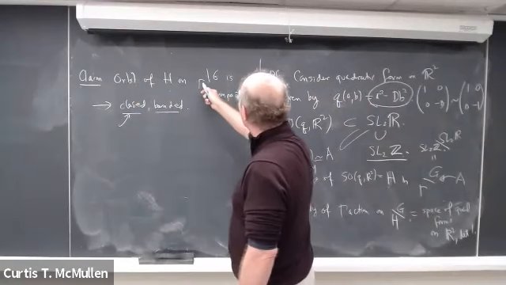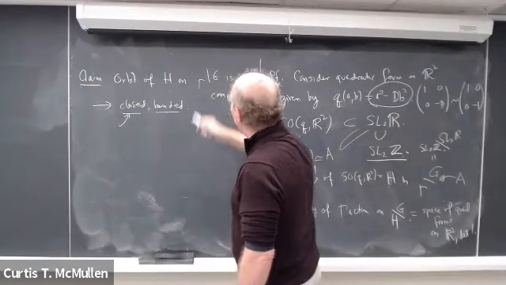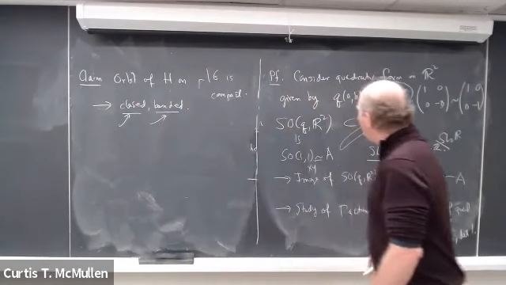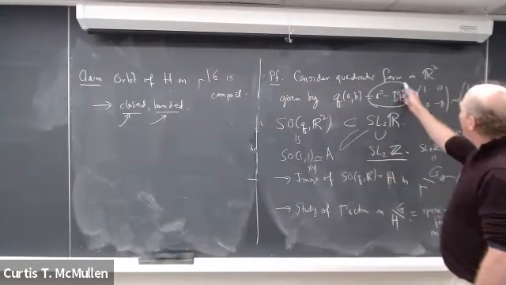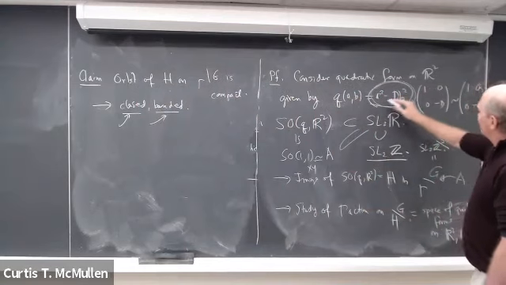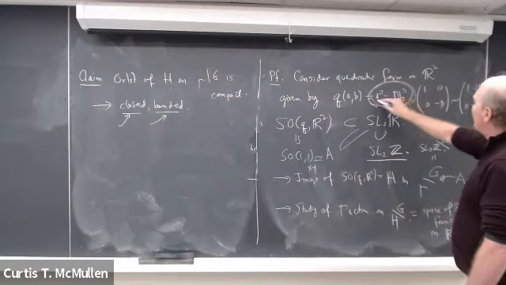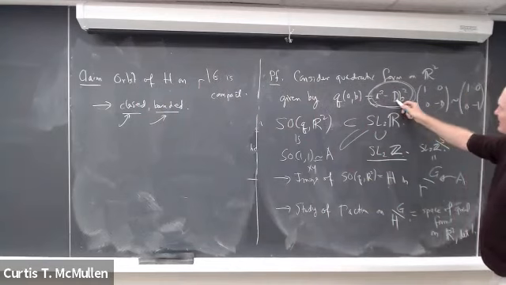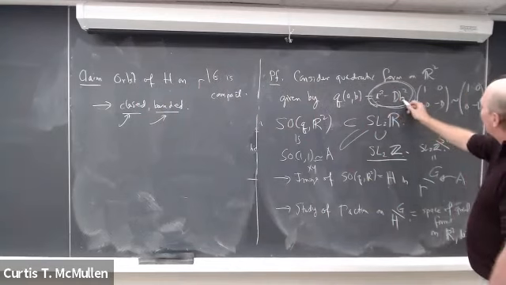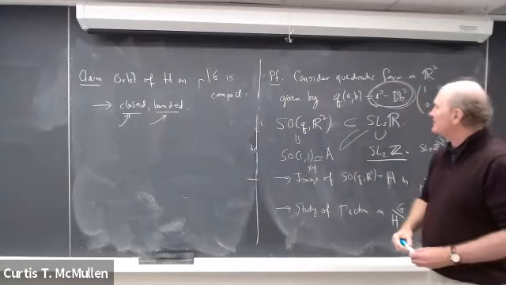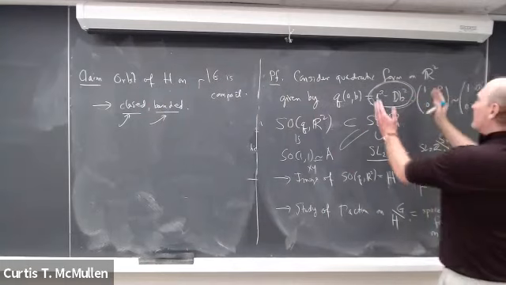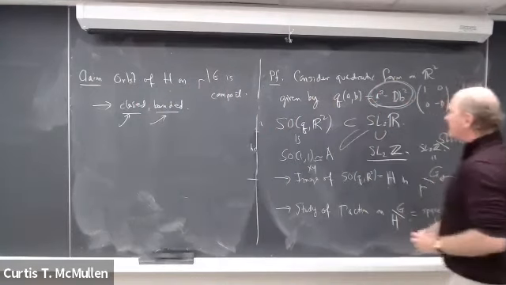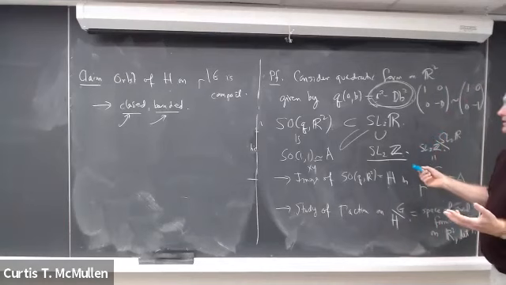That has to do with considering the action of gamma on G mod H. But why is it bounded? It's bounded because on the integers, this form is never 0, except at the origin, because the square root of d is irrational. If you plug in an integer here and an integer here, you get a number that's at least 1. And therefore, the length of an integral point in this quadratic form is bounded below.